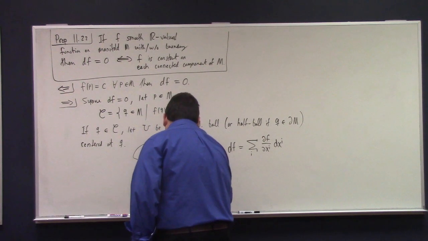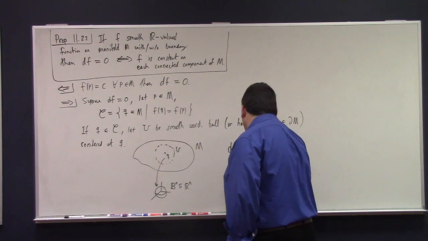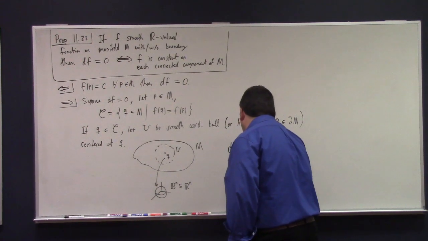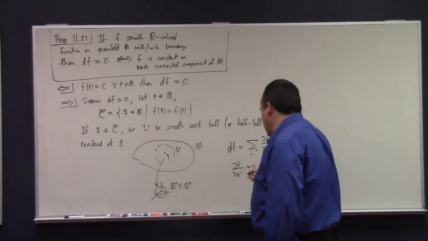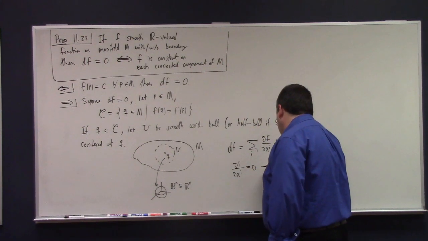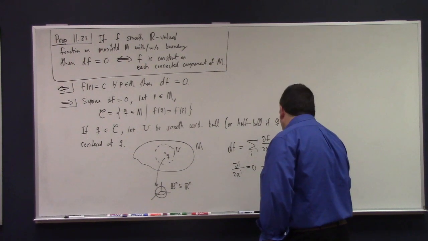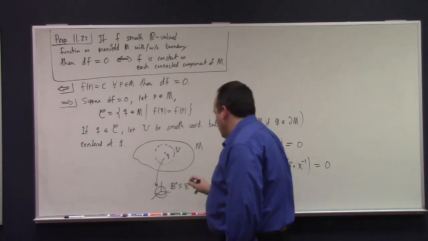And since this is identically equal to 0, that means partial f partial xi is equal to 0, right? Which means that the partial ui of f composed with x inverse, I think it is, is equal to 0.